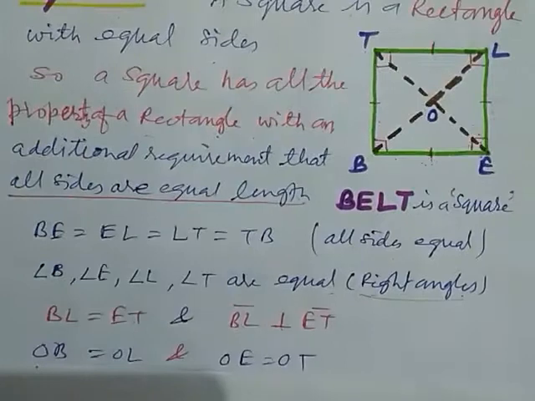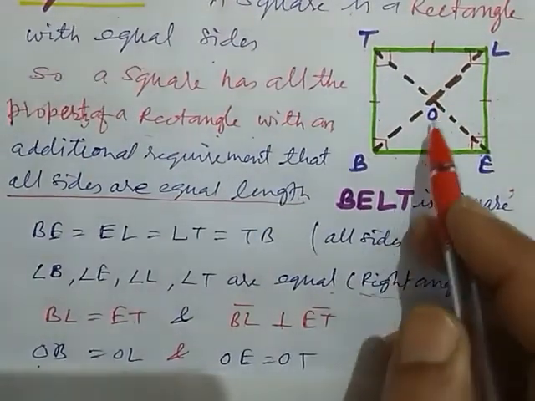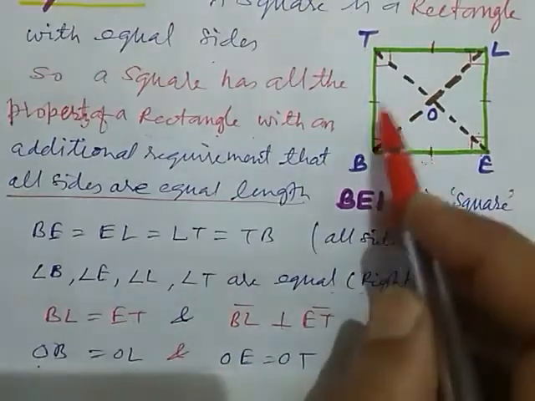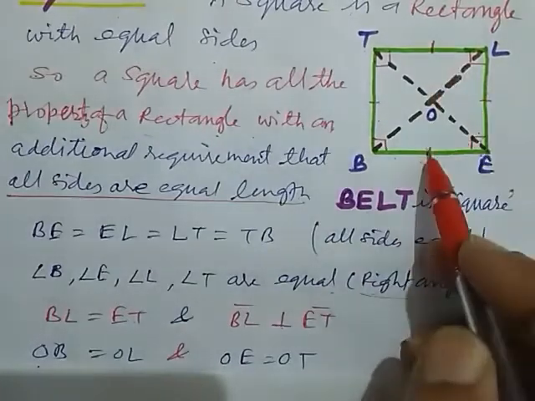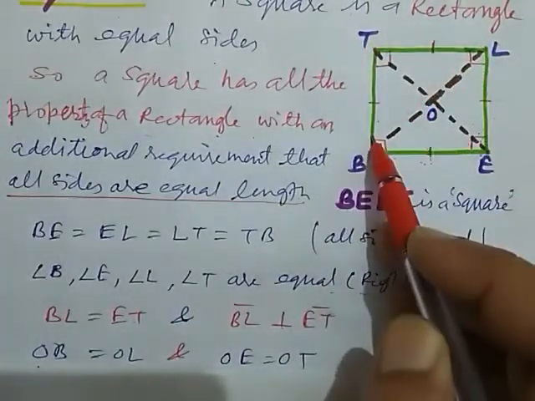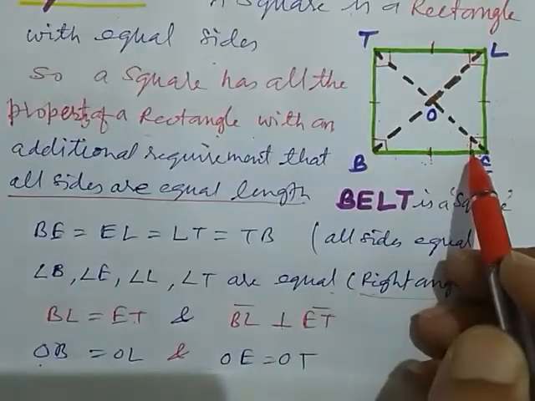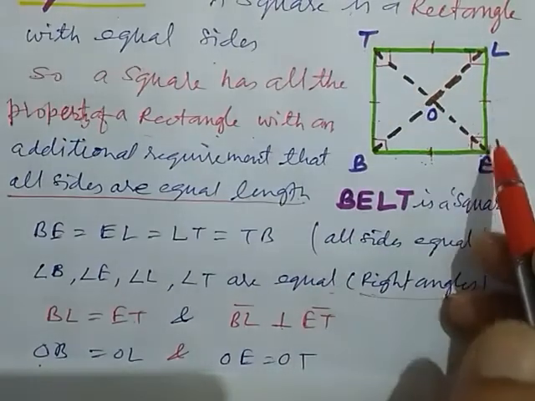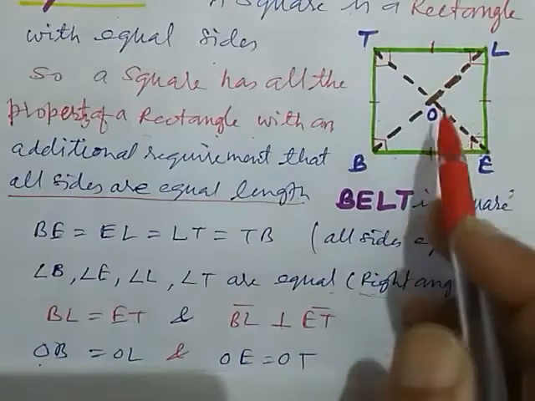Okay. So what are the different characteristics of a square? A square is a parallelogram because it has two sets of parallel lines, opposite sides are equal, diagonals are equal, diagonals are perpendicularly bisecting each other, all four angles are equal, so opposite angles are automatically equal, all four angles are right angles, so this is a rectangle.